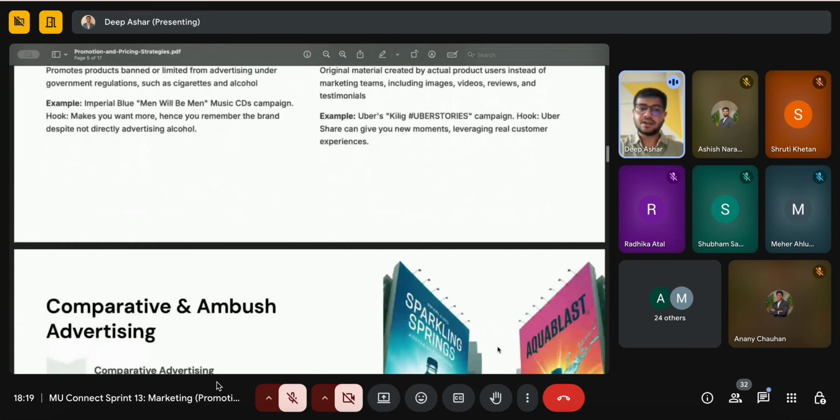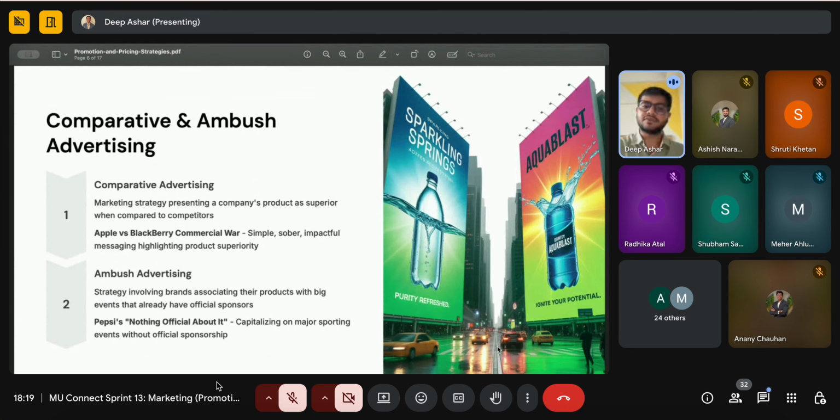Moving on to the next one. This is comparative advertising, where you see, say, Apple versus BlackBerry, where Apple is directly targeting BlackBerry in that particular ad film. More common examples are McD versus Burger King billboards.